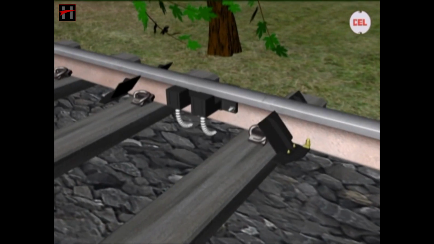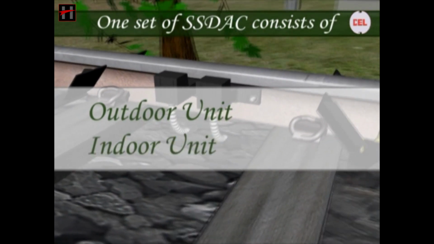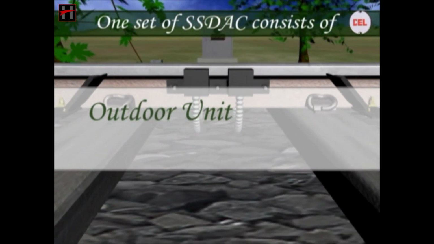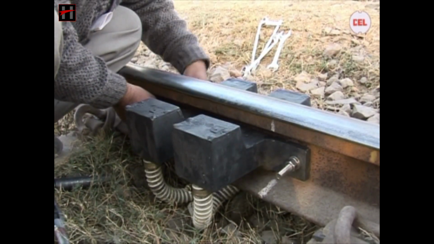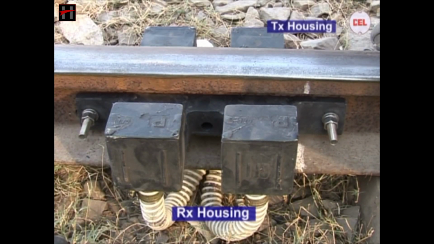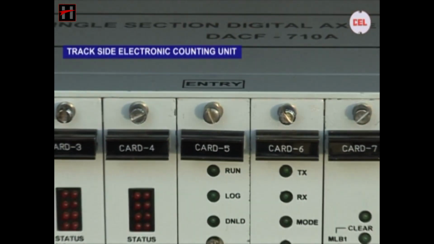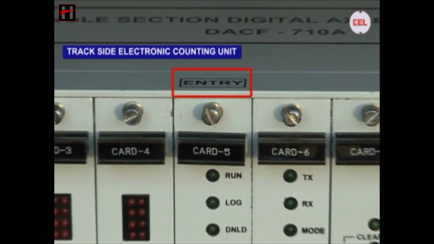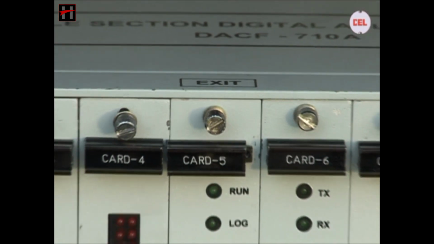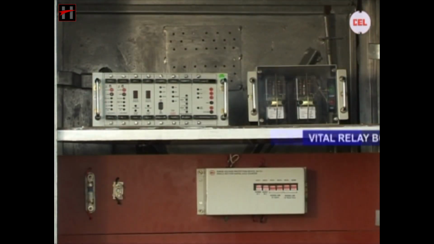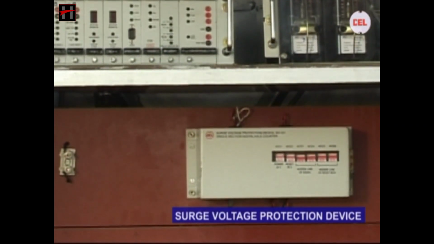One set of SSDAC consists of the outdoor unit and the indoor unit. The outdoor unit consists of axle detectors comprising one TX housing and one RX housing, trackside electronic counting unit, that is entry unit and exit unit, one number each, vital relay box and surge voltage protection device.